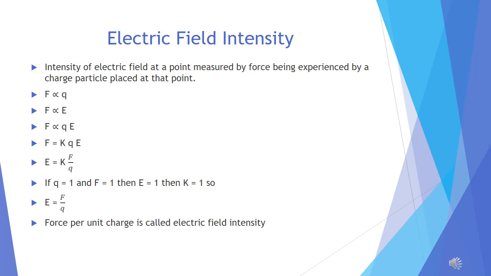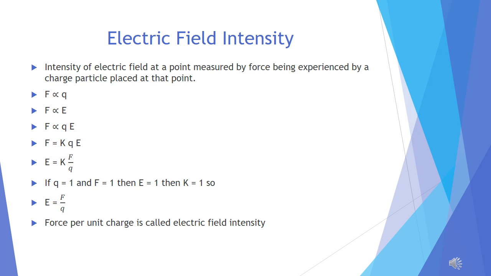So how do we measure intensity? The answer is, intensity is measured by force. So we can define electric field intensity as: the intensity of electric field at a point is measured by the force experienced by a charged particle placed at that point.